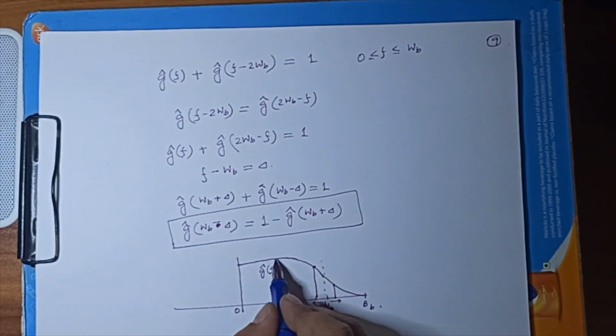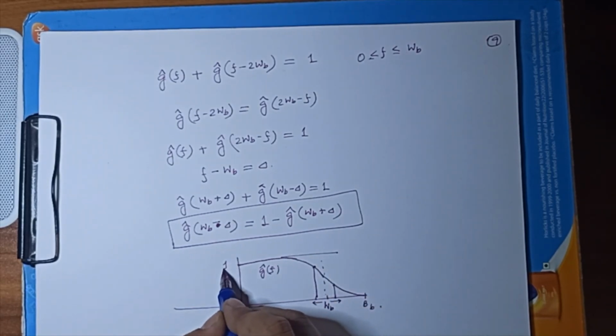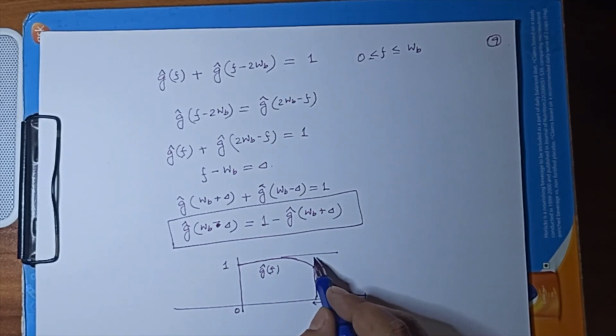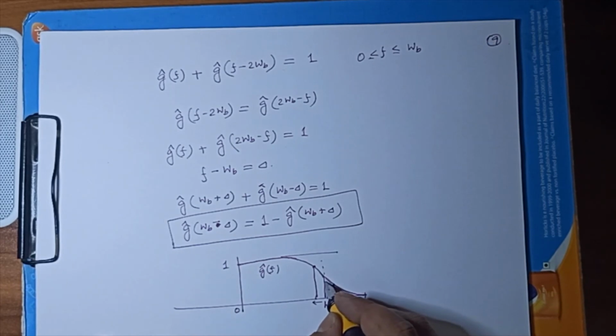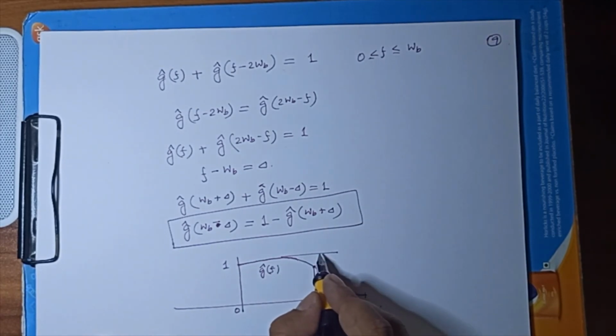What does that mean? 1 is say this one, this is 1. So that means this one is equal to this one, and as you move delta from here to here, around this WB, whatever part is here has exact symmetry with this negative void.